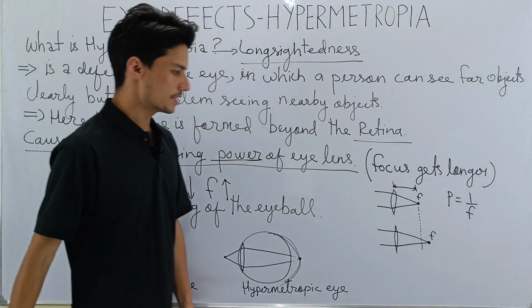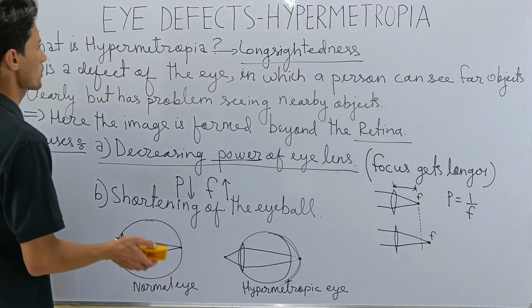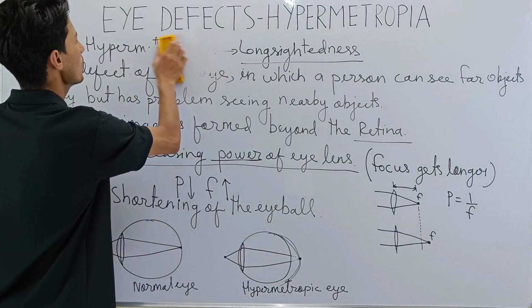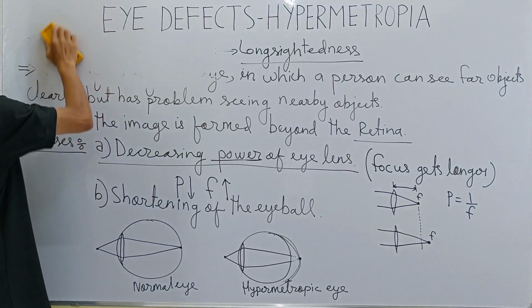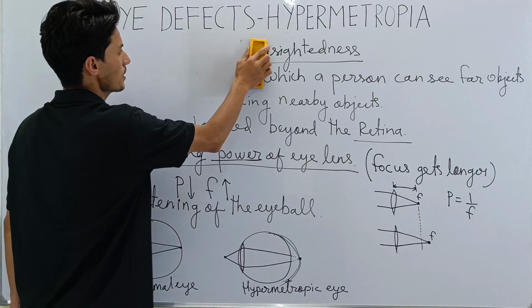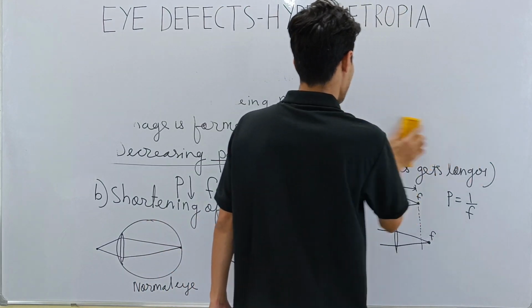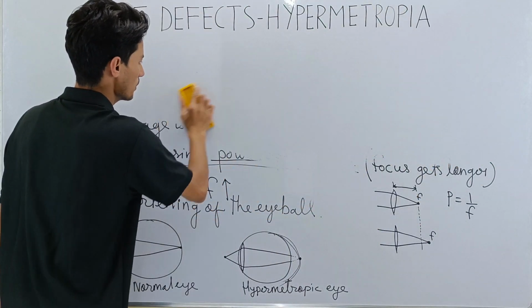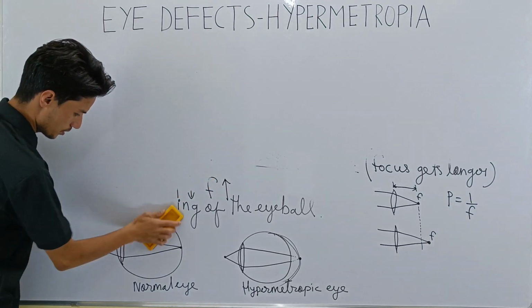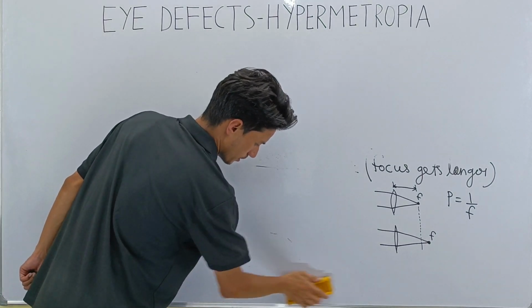So now let's erase this and go to the correction of this defect. So let's go to the correction for the defect of hypermetropia. Like I said earlier, if you have understood myopia, hypermetropia will be easy, because they are quite the opposite of each other.